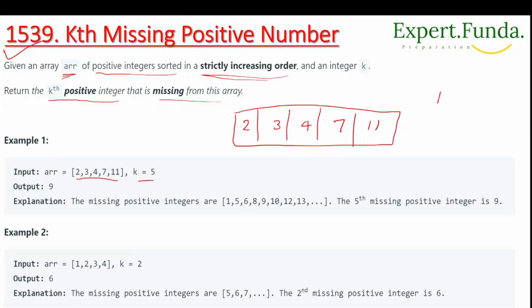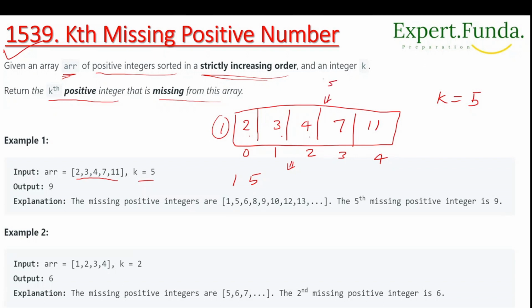Now we have been given k, which is 5, and the indices are 0 1 2 3 4. So k is 5. If we make the positive integers in increasing order, it will look like this: 1 is missing here, and if you go 1 2 3 4, then 5 is missing.